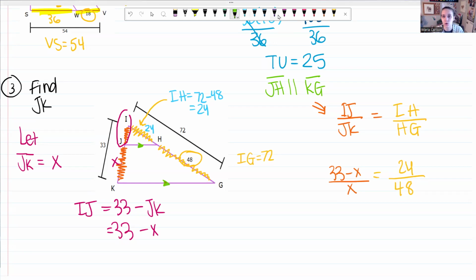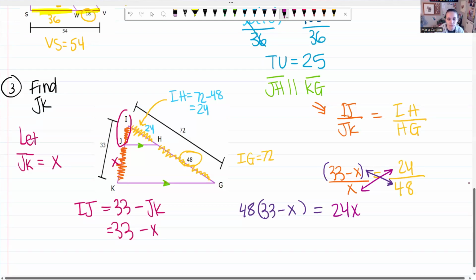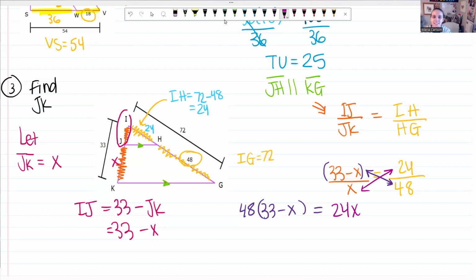And we can now just cross multiply. So I'm going to multiply the entire entity, the entire binomial, 33 minus X times 48. So I'll put that in front. And that is equal to, multiplying across here, X times 24, or 24X. Now I'm going to show you something kind of neat that I can do here.